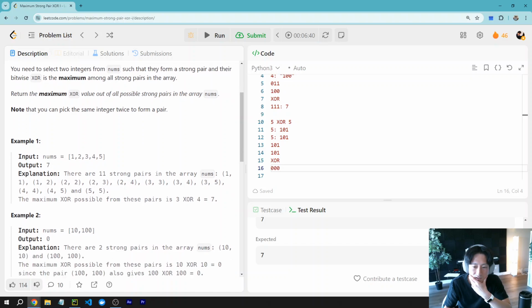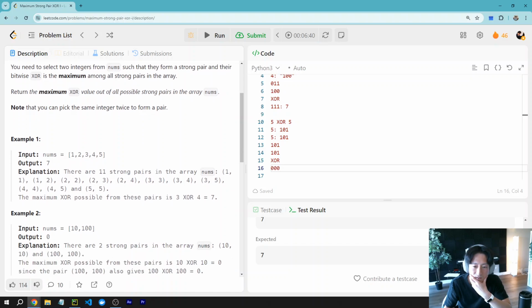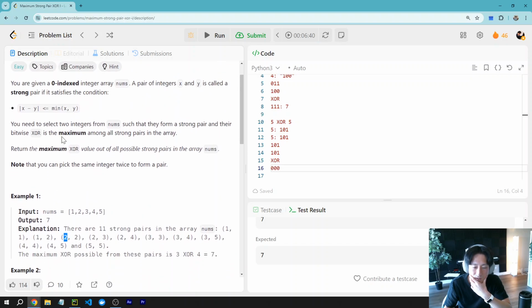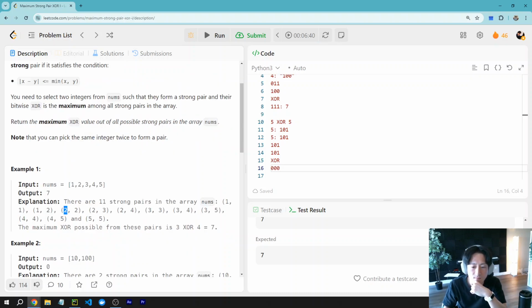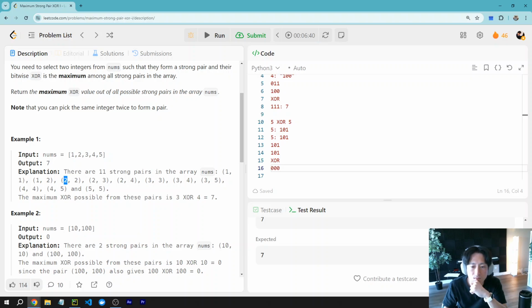The strong pair is always such that the left side number is going to be the minimum, right? But I still need to get the pair for each number.